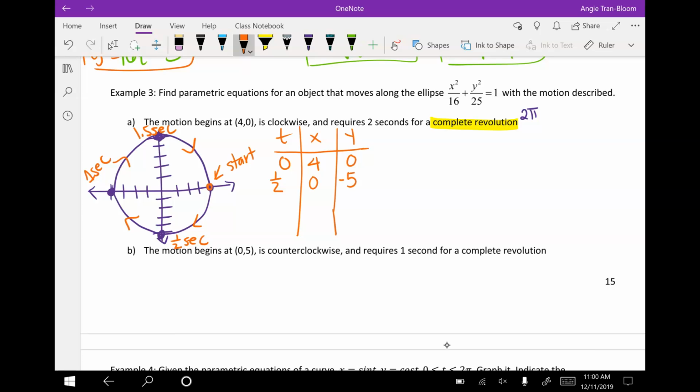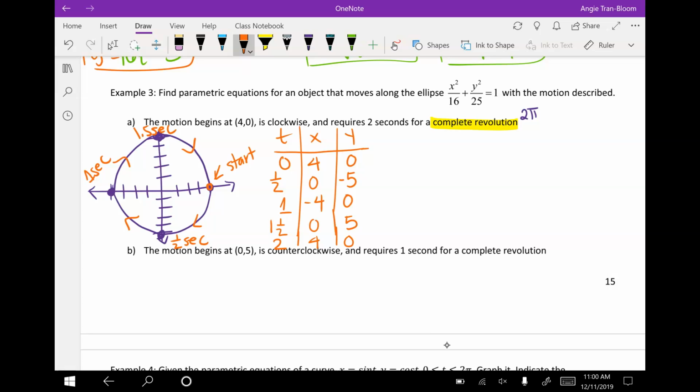True or false? And 1 second later, x is -4, y is 0. And 1.5 seconds later, x is 0, y is +5. And 2 full seconds later, I'm back to where I started, 4, 0.